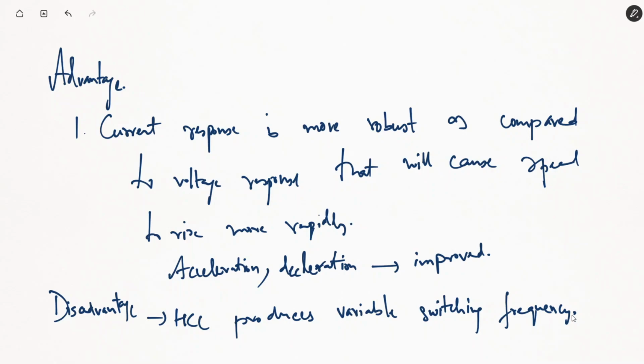The pulse width modulated pulses that are being generated are generated from current comparison through a hysteresis current controller. So the disadvantage with the hysteresis current controller as compared to PWM or SPWM is that it will produce variable switching frequency. The switching frequency of the pulses will not remain constant.